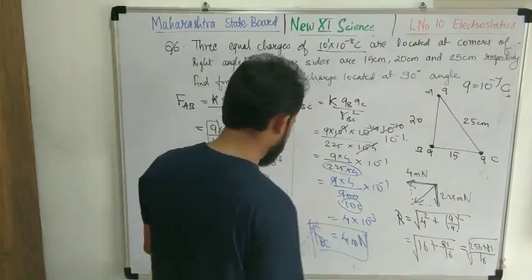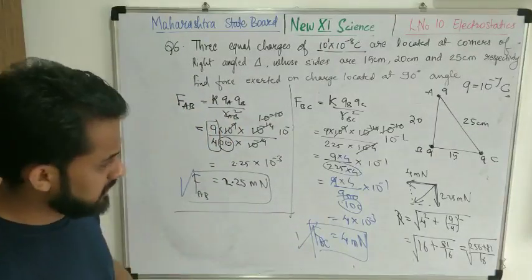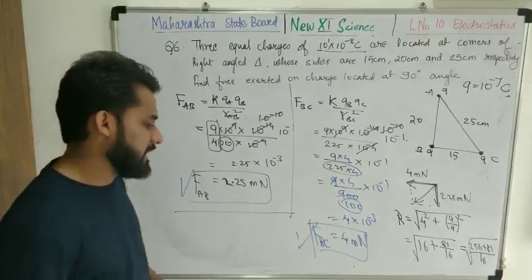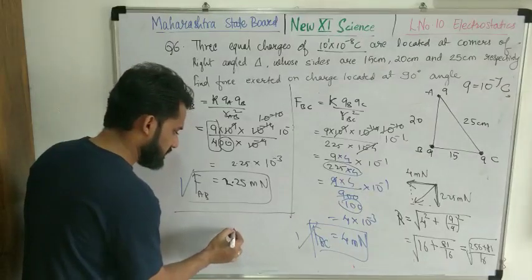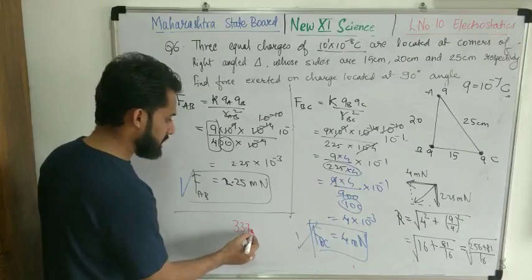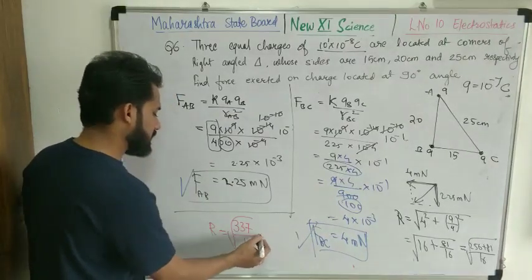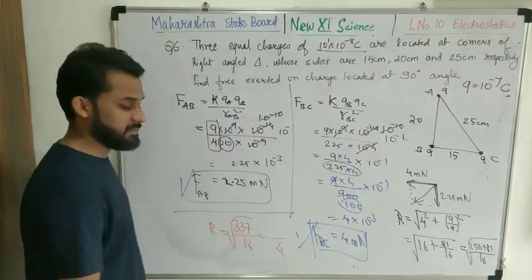On solving it, 256 plus 81 is 337, upon 16, under the square root. So the answer has 4 in the denominator, because 16 is a perfect square.